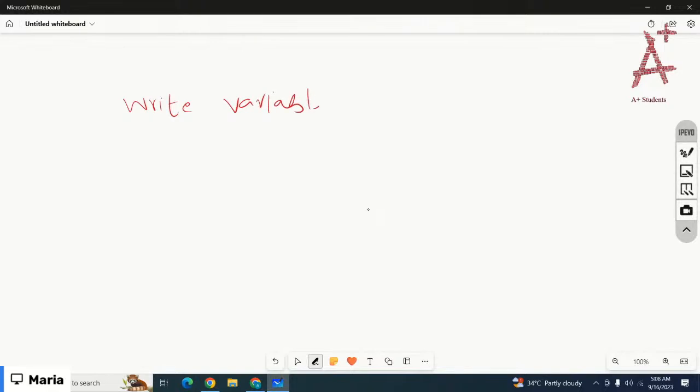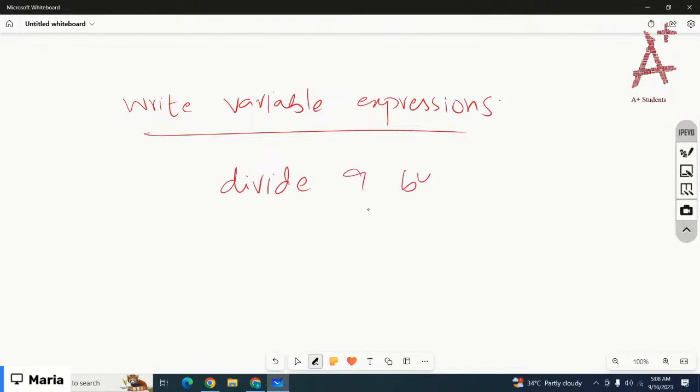Variable expression means you have to use variables and the operators to write down the expressions, right? For example, you are given divide 9 by y. So how do you write this expression as a variable expression?